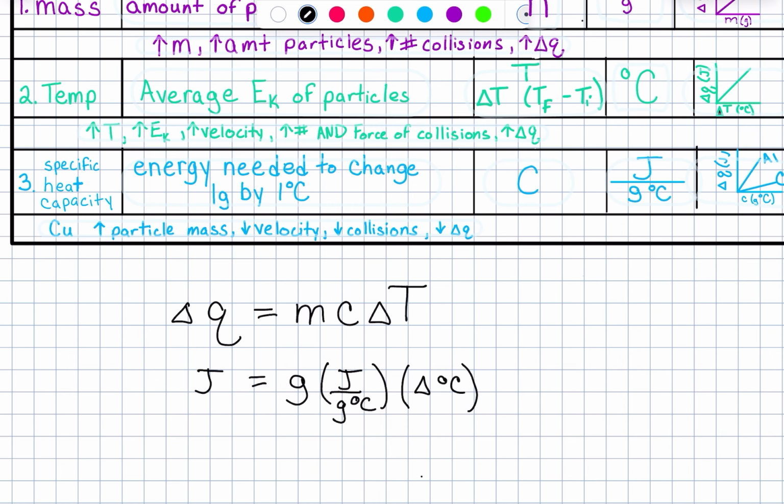This makes sense because when we turn it into our ratios, Dorman, you're going to have me do ratios. I'm just going to show you how it works. Ratios aren't as bad as we think they are. And so when I look at my ratios, my grams cancel out, my degrees Celsius cancels out, so I end with joules, which is what my Q is.